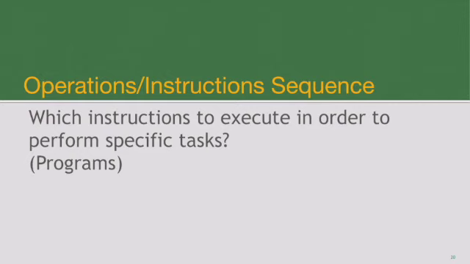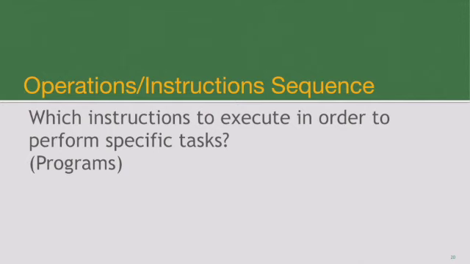Which instructions, and how to arrange them so that this task gets performed? Similarly, if I want to open a new program, let's say I want to click on the icon for the word processor so that it can appear on my screen, what sequence of instructions should I write so that this operation gets performed? We call them programs.